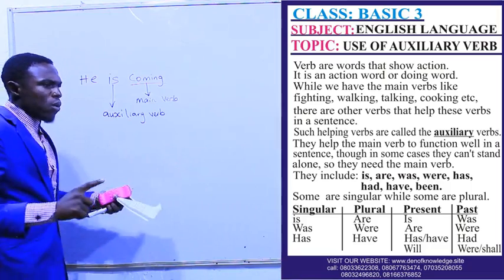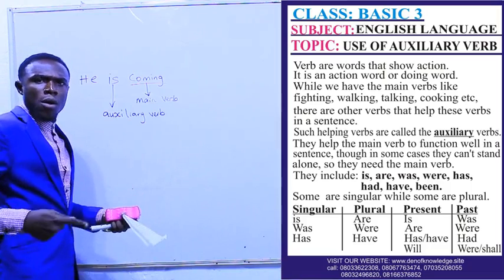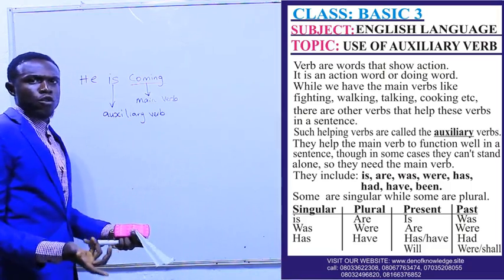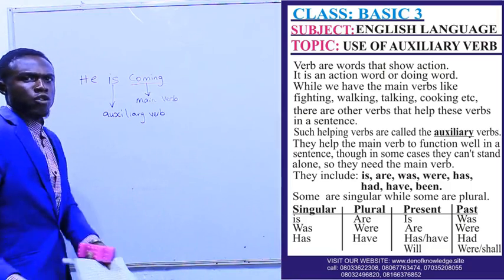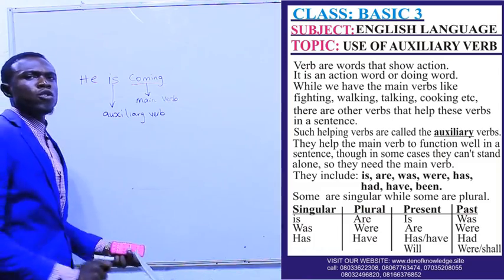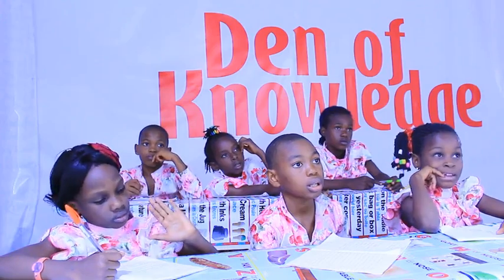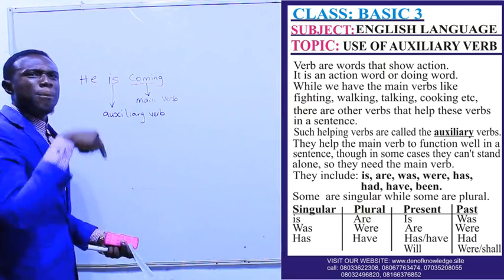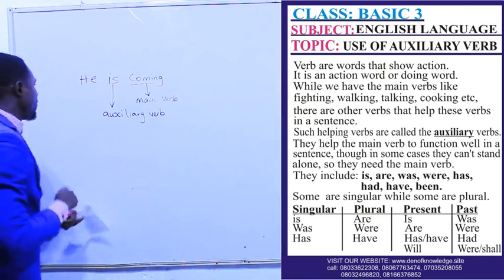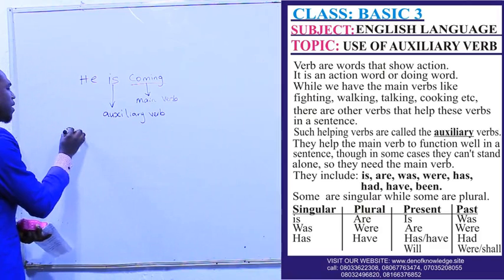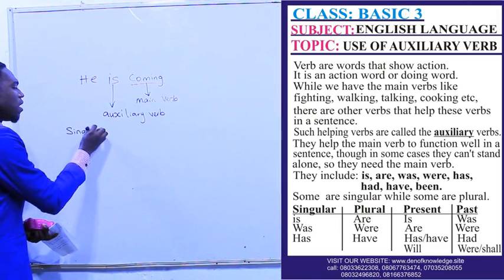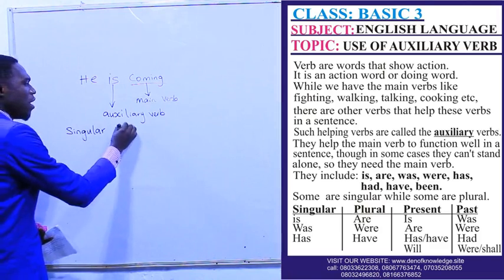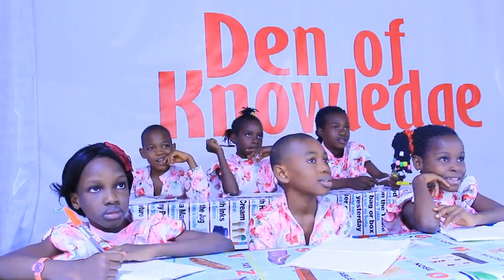But when two or more people, of course you know that is plural, are doing actions, you don't use a singular auxiliary verb to help the verb. No, you must use a plural auxiliary verb. Example, let's say the singular, remember we are talking about auxiliary verbs, the singular and the plural auxiliary verb.